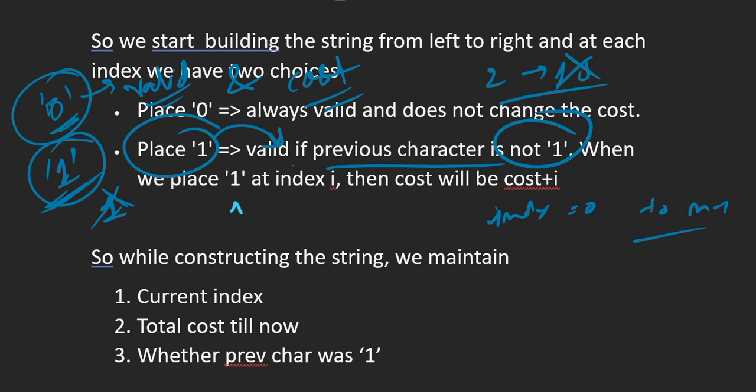And when we put 1, our cost will also increase. We have to add the index to the cost. So if before this index our cost is c, then when we put this 1, our cost will be c plus the index of this character.